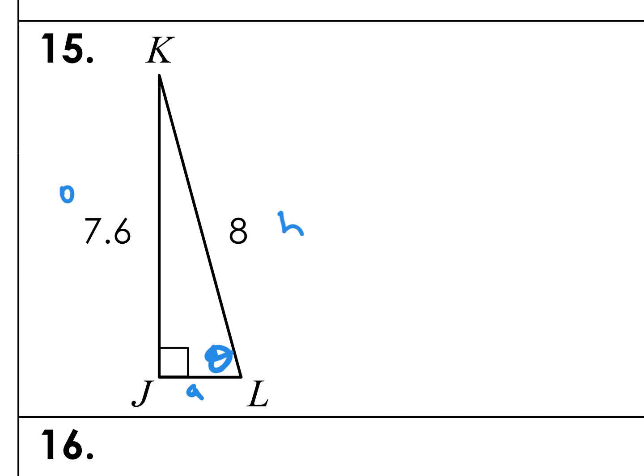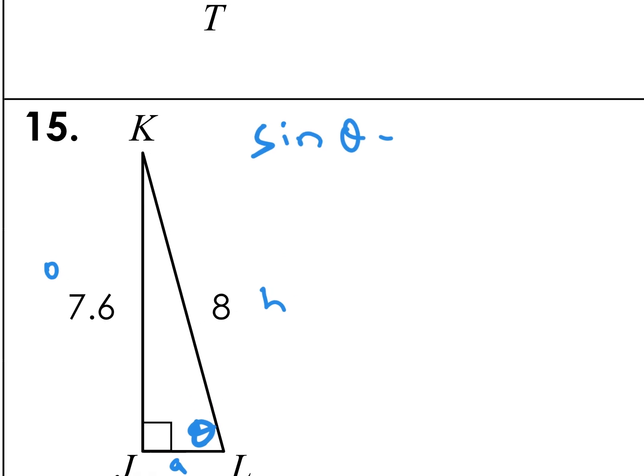So, what trig function would use the O and the H to find angle L or theta? Inverse sine. So I'm going to write sine first. Some of you will just cheat and go inverse sine right away, but I'm not good enough. Sine of angle L, I'll call it theta.